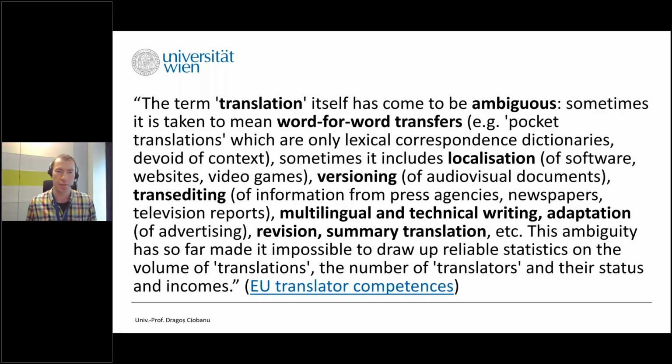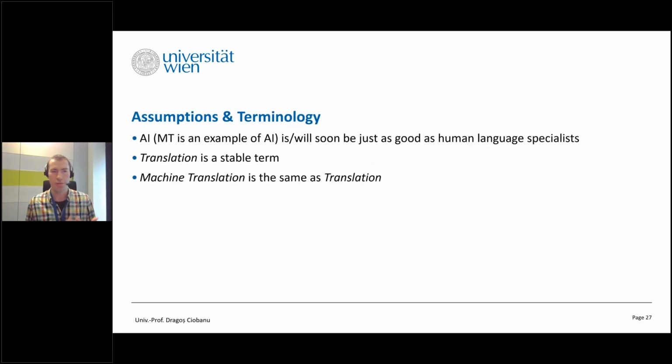They all come under translation. So we also need to really make sure that the client knows what they want and we know what we're offering to clients. There are some people that actually think that machine translation is the same as translation, maybe because of all this hype around the topic.